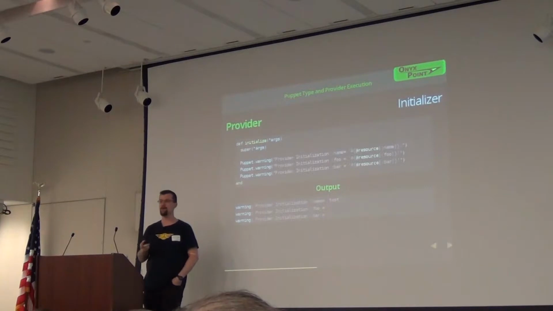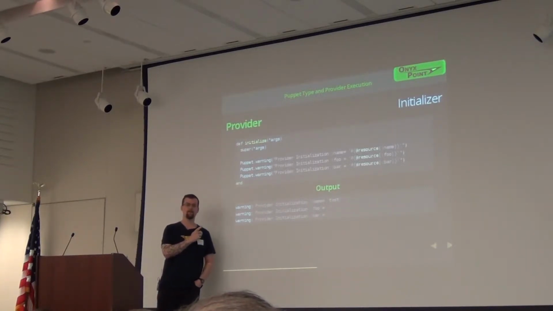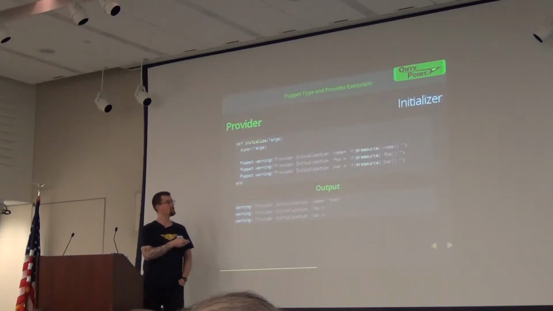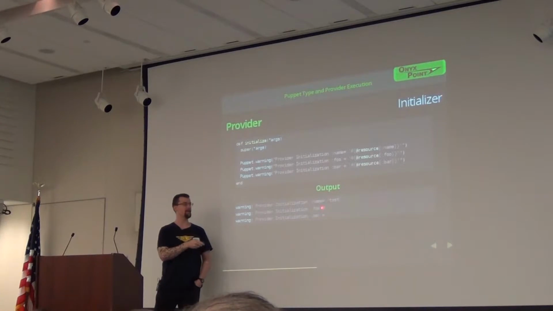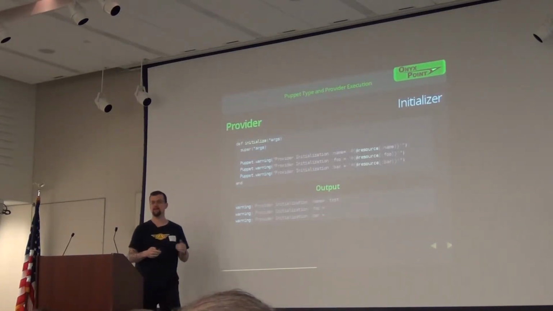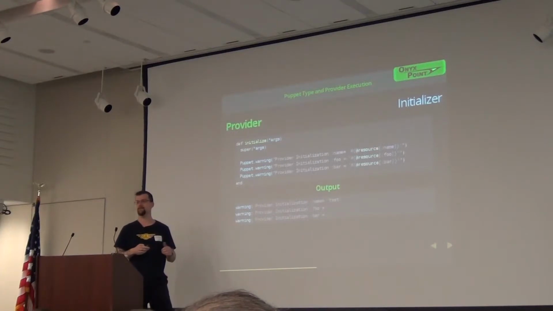But remember, we've only gone through the name parameter on the system. And this means that even though this is in the provider, we only know the value of the name. So we know the name is test, but we don't know the value of foo and bar yet. So ordering does matter. This is very important when you start trying to manipulate your data structures further inside the code.